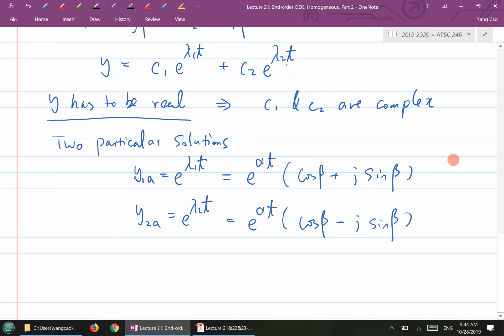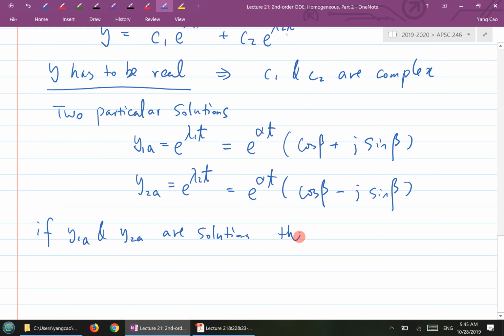Now I want you to think back to the last lecture or two lectures before. If y1a is a solution and y2a is a solution, there is one theorem, theorem number 1. If y1a and y2a are solutions, then I can also say that y1a plus y2a divided by 2 is also a solution.